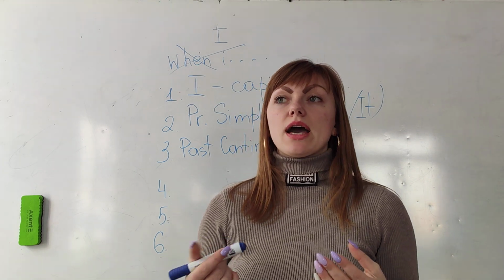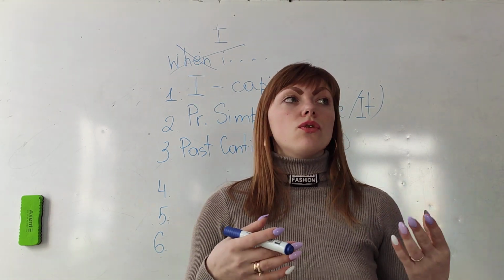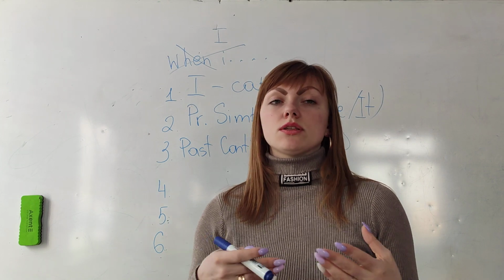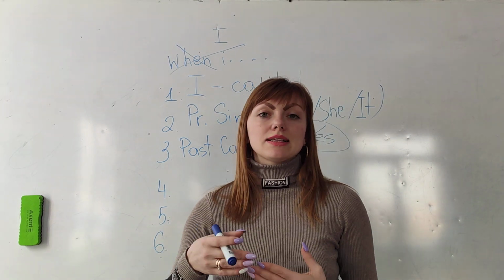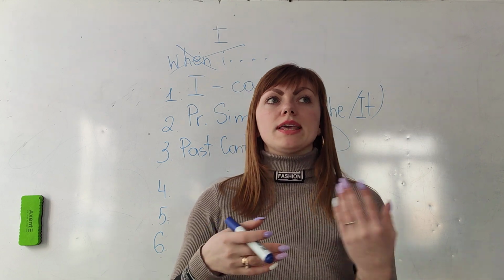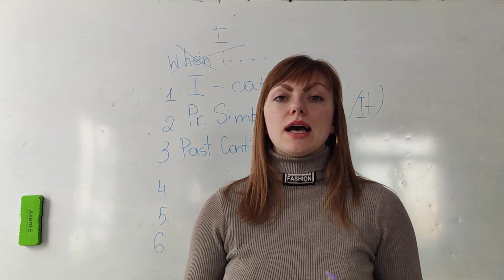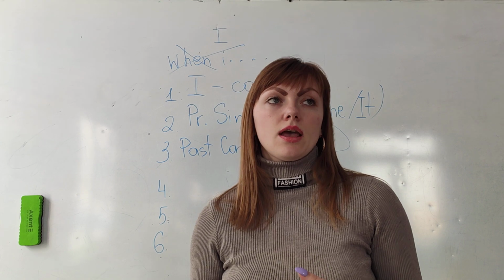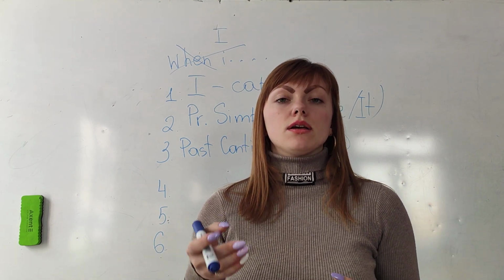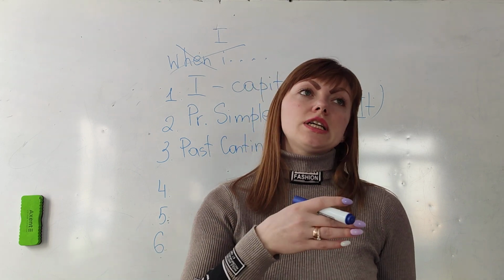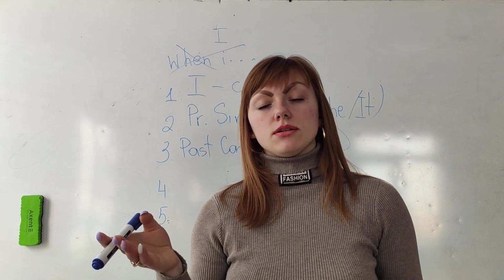For example, when we have present simple, we form our question tags by means of do and does. Like, he likes pizza, doesn't he? Or he doesn't like pizza, does he? When you have present continuous, like she is reading, isn't she? Or she isn't reading, is she?